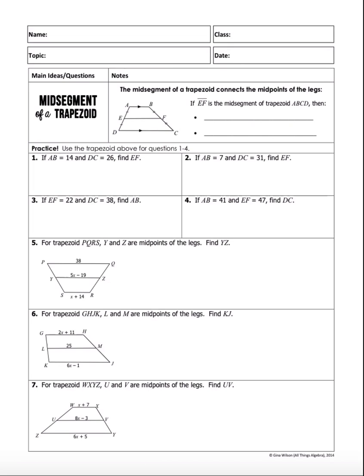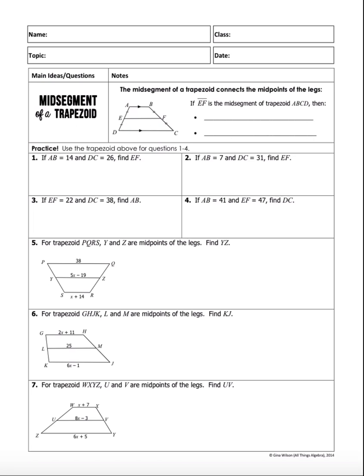So we have one other thing called the mid-segment of a trapezoid. The mid-segment connects the midpoints of the legs here. So here's the midpoint. E is the midpoint of AD. F is the midpoint of BC. And we have some things that are true if it's a mid-segment.